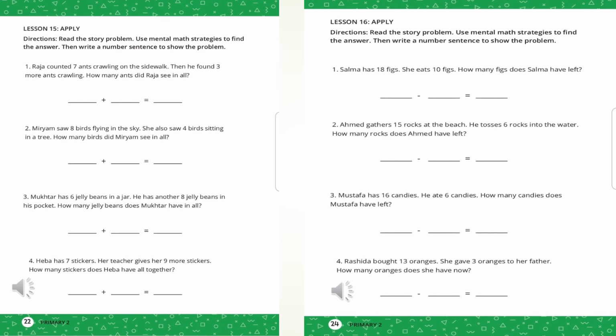We will add 8 plus 4 equal, we can use counting strategy here if you want. We will put 8 in our mind and 4 on our fingers. After 8, 9, 10, 11, 12. 12 what? She saw 8 what? 8 birds. So they are 12 birds. Great.